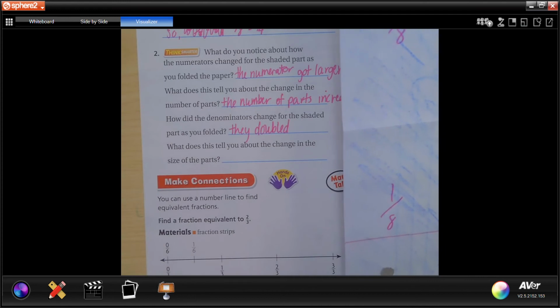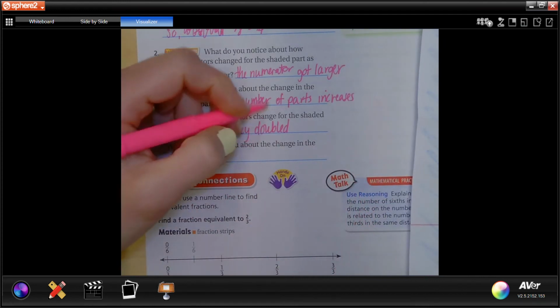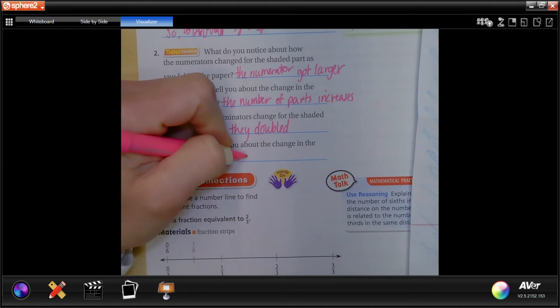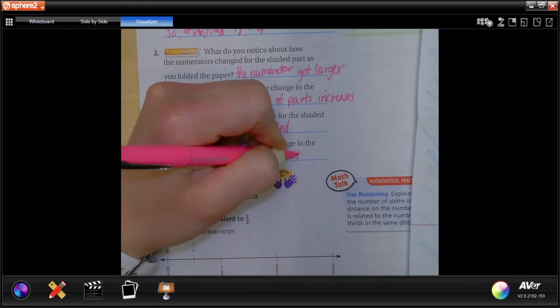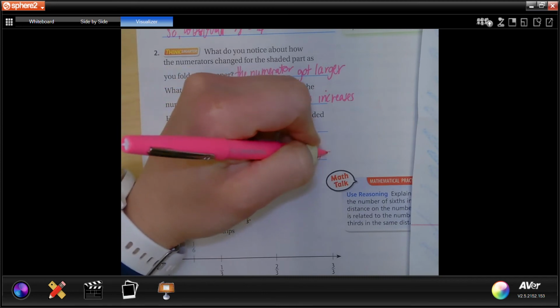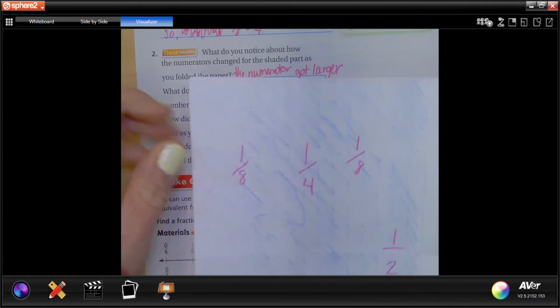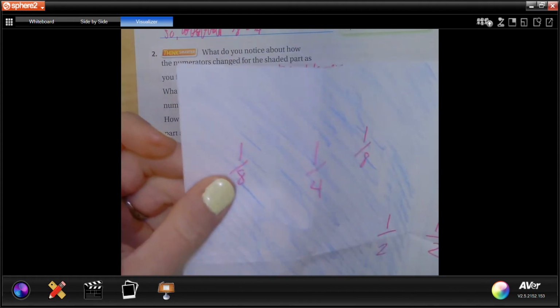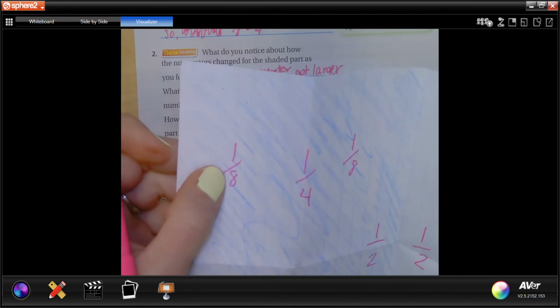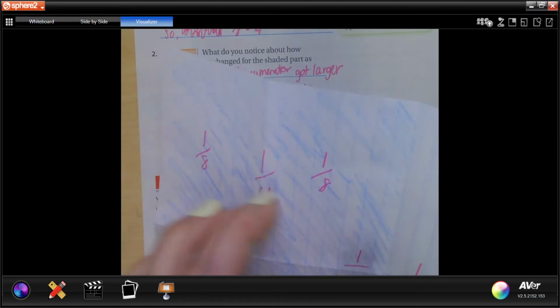Well, the size of parts got smaller. Because when you have, for example, the 1/4, and then you fold it to make eighths, the unit fraction, the size, got smaller.